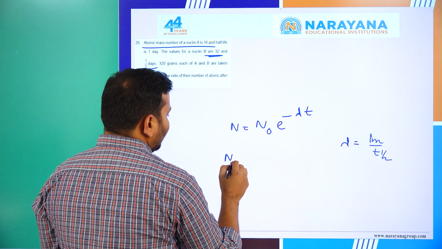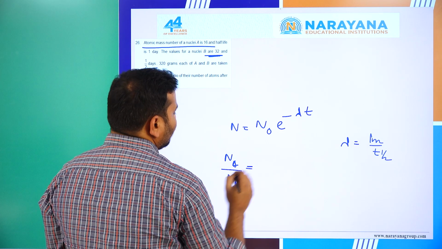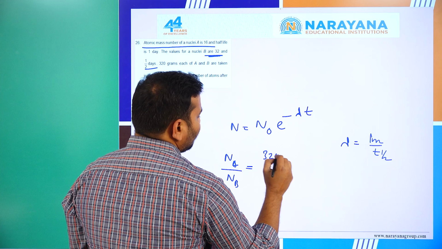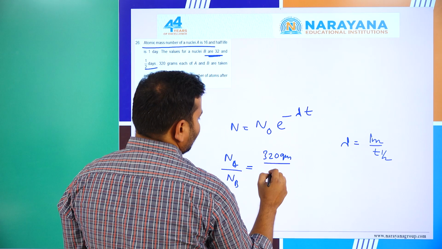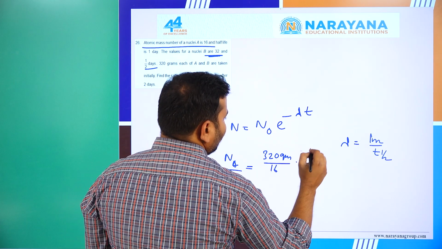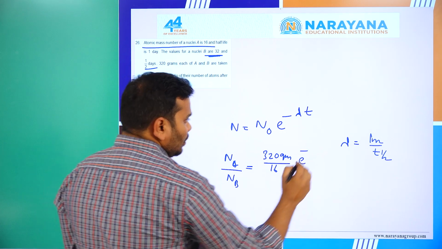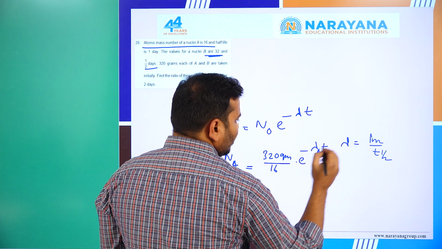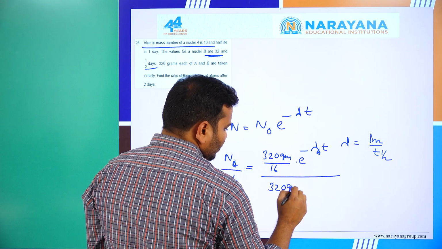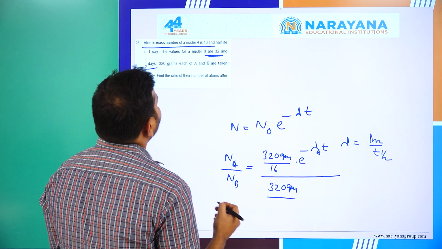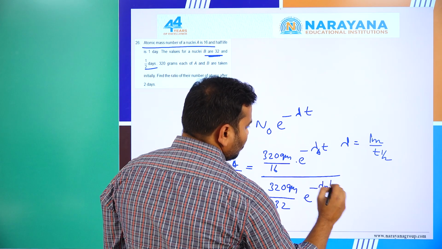So directly I can write Na by Nb as 320 grams divided by 16, into e power minus lambda a into t, divided by 320 grams divided by 32, into e power minus lambda b into t.